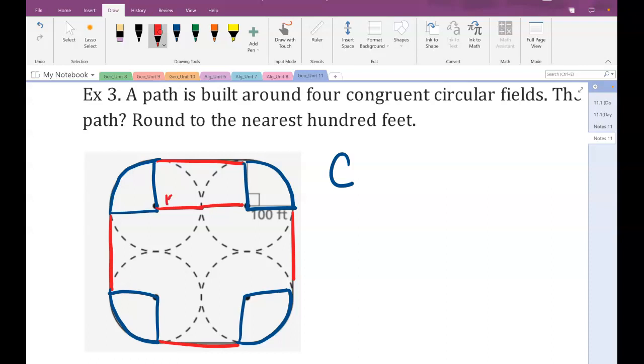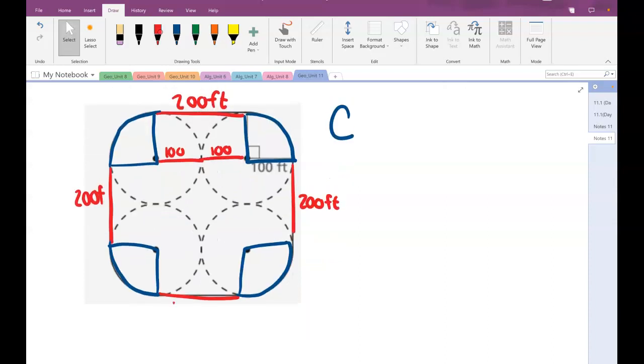So we know this is 100 and 100, so each straightaway has to be 200 feet. This is 200 feet, this is 200 feet, this is 200 feet, and this is 200 feet. Altogether, the straightaways in red sum to 800 feet. So it's going to be our circumference plus 800 feet.